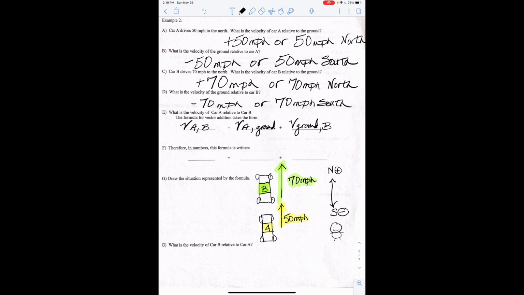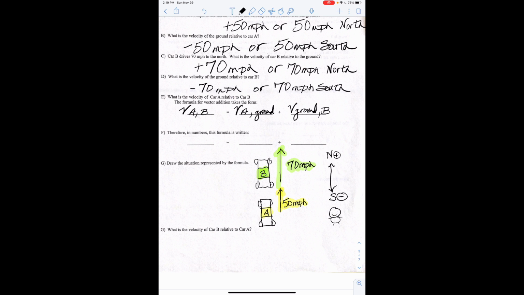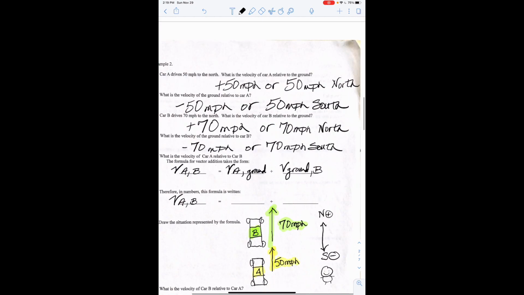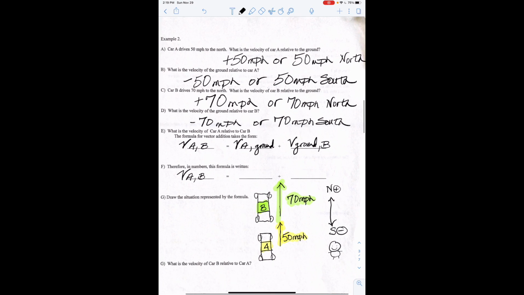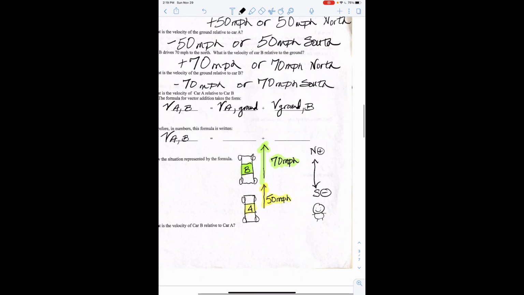So therefore, in numbers, what would this be, right? So we have the velocity of car A relative to B is equal to the velocity of car A relative to the ground. So car A is moving 50. It's the slower car. And relative to the ground, we said it was positive 50. So this is going to be our positive 50 right here, miles per hour.